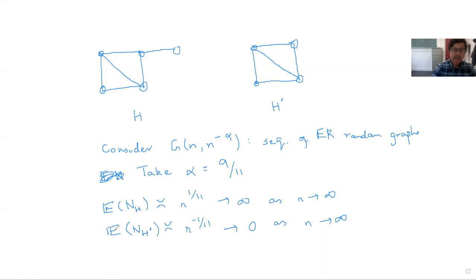Okay, so the explanation of this paradox is that we are looking at expectations, and suppose a single copy of H prime is present in this random graph G(n, n to the minus alpha). Then how many copies of H do we expect to see? So let me redraw H and H prime.